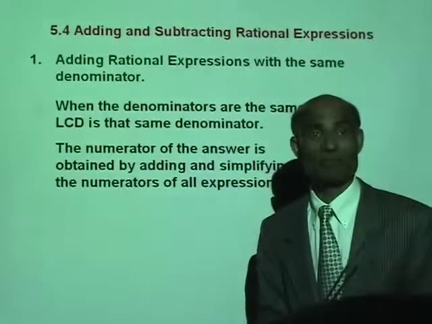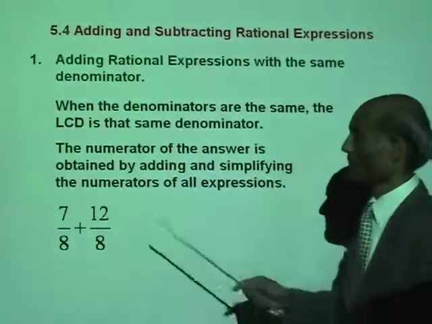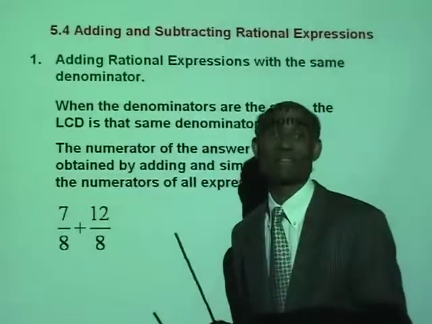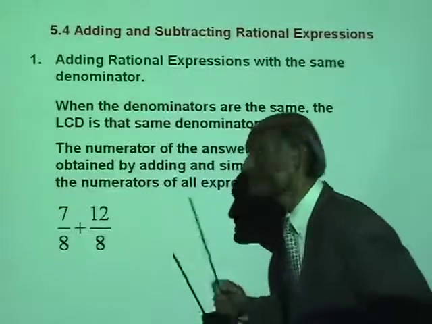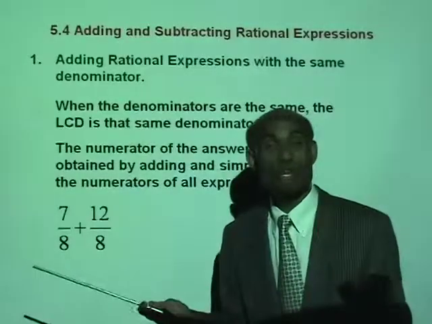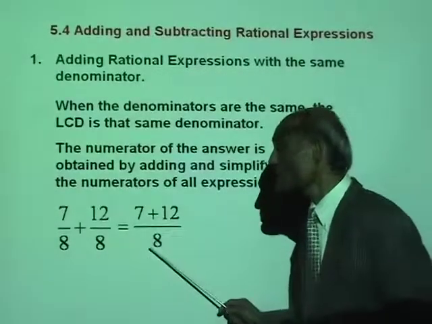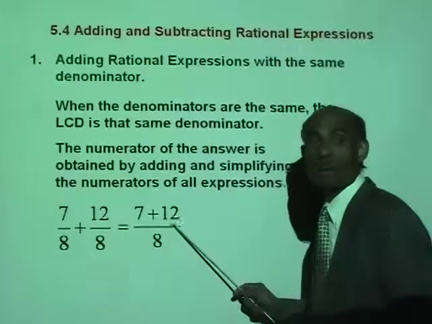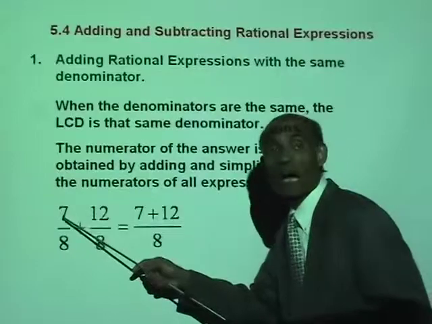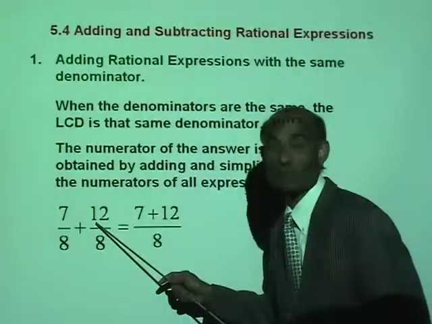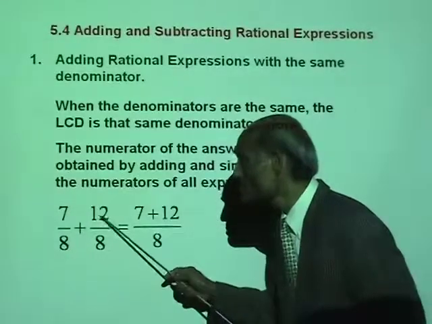You know that. All right, let me give you an example. 7 over 8 plus 12 over 8. Both denominators are the same. Therefore, the LCD is also the same. And what is our numerator? You simply add the numerators of the two rational expressions. 7 plus 12.